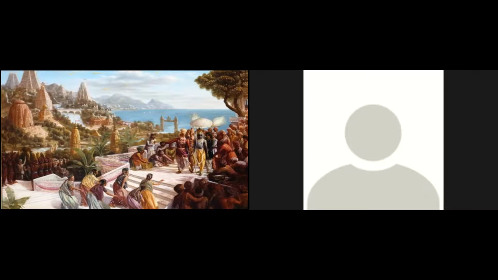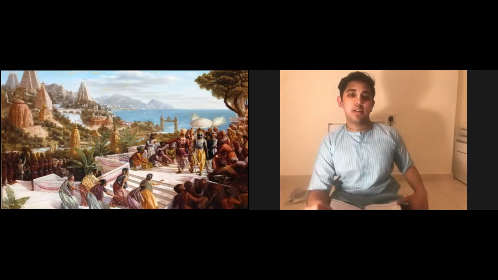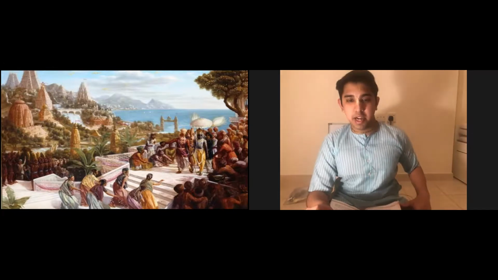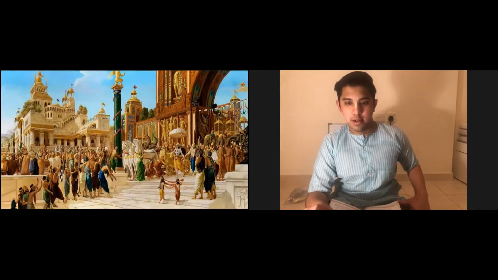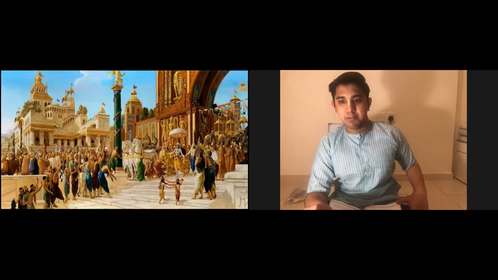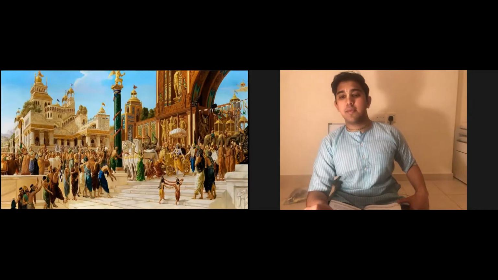And here Krishna lives like a king with all his Yadus. And as you can see, this is very opulent. One of the best paintings that I've seen. All these beings of Dwarka. And here Krishna lives like a king.